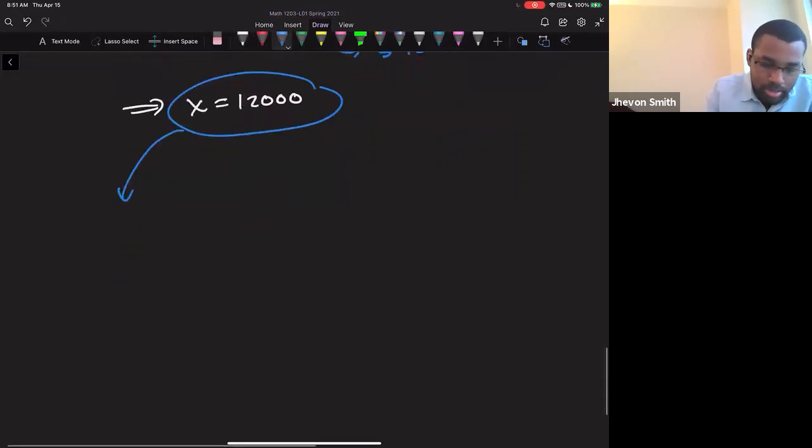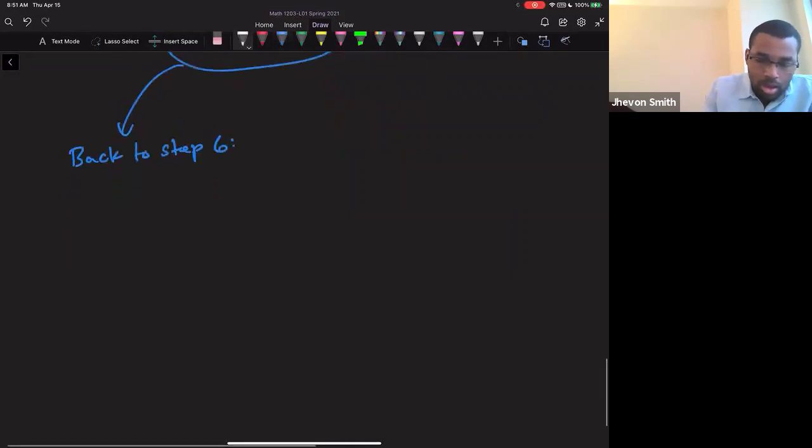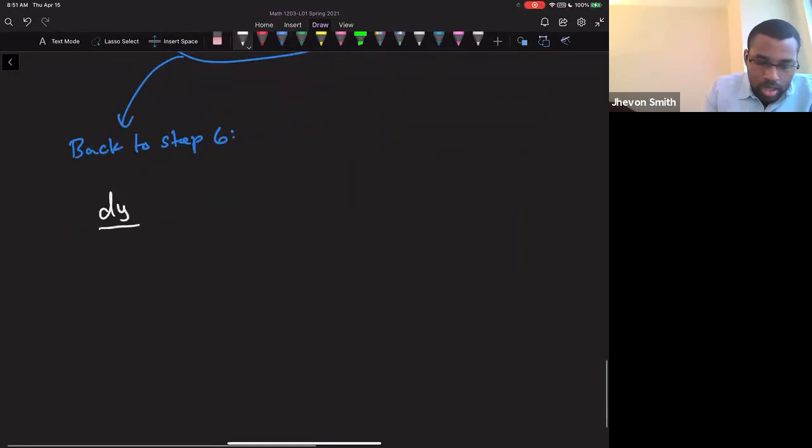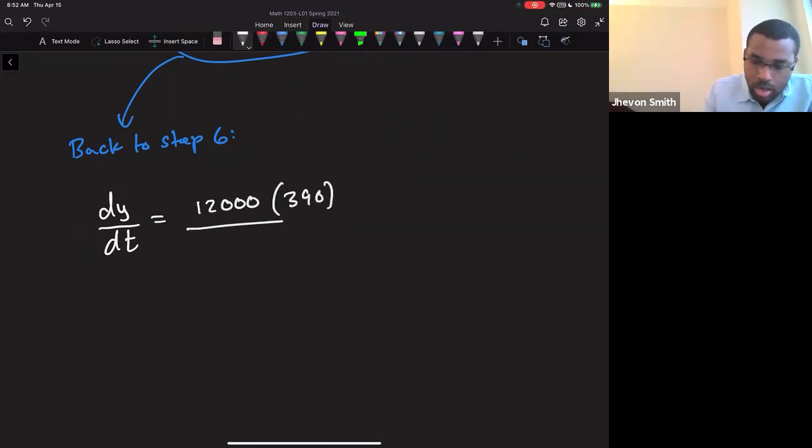Now we go back to step 6. Where we left off was our dy dt. T is always the independent variable, is x, which we now know is 12,000, times 390 over 13,000.